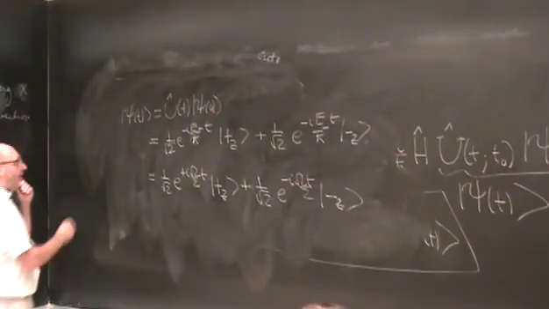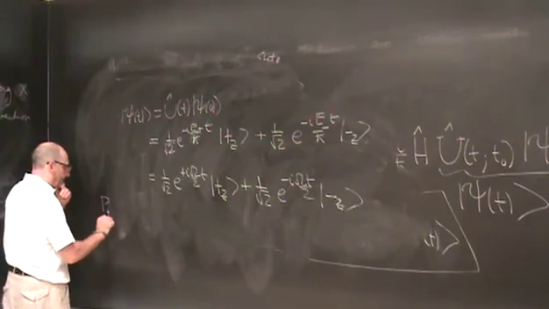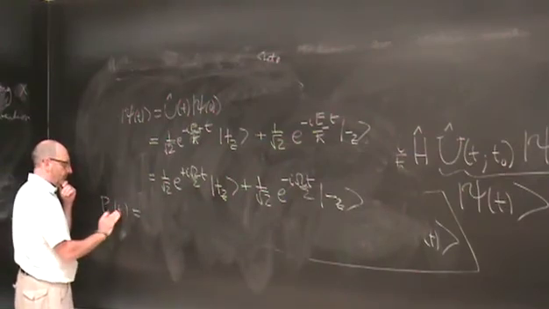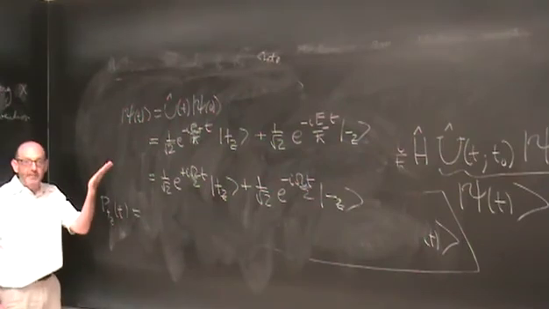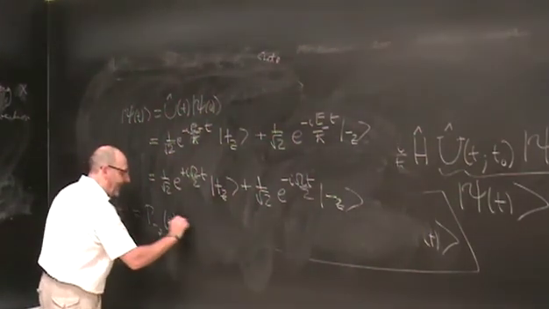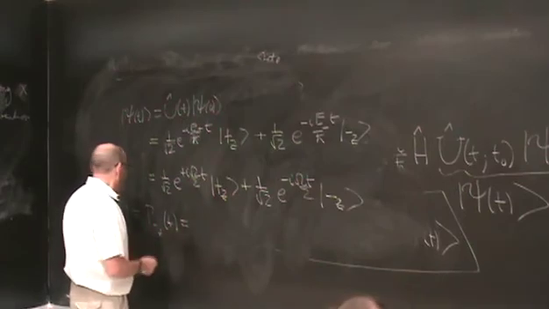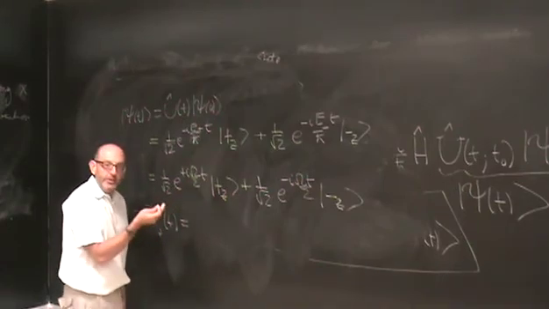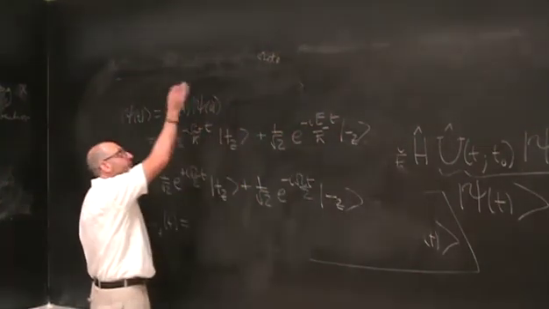So, what is the probability to be plus z at some later time? It's the same. Because these are stationary states, the probability to be in the eigenstates doesn't change with time.